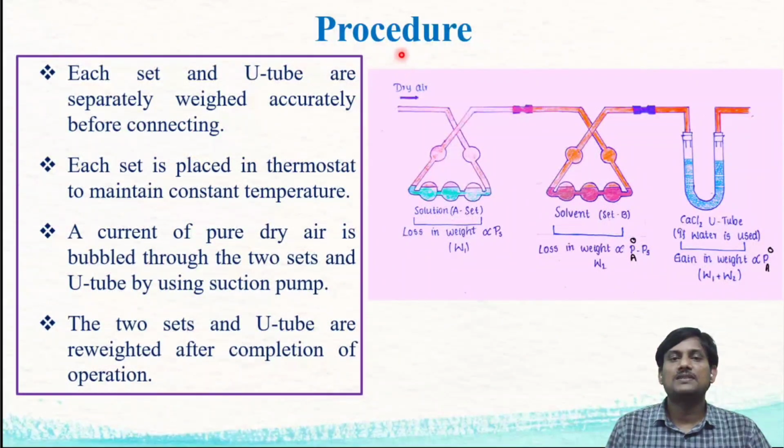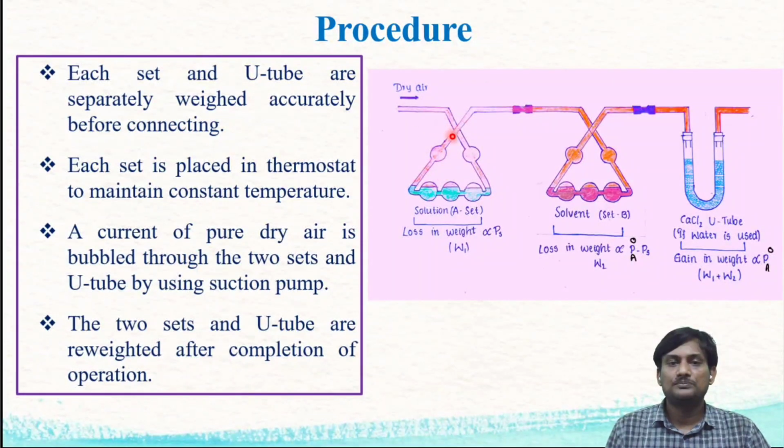The procedure involved in Oswald and Walker's method: before connecting set A with set B and the U-shaped tube, you have to accurately weigh set A, set B and the U-shaped tube separately.